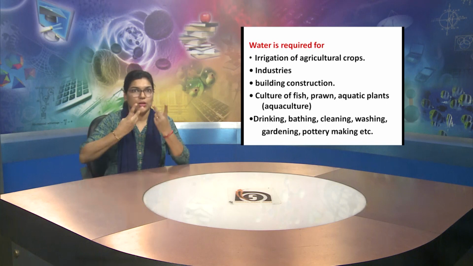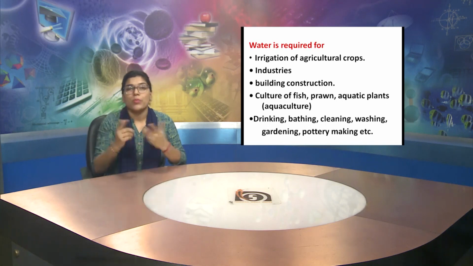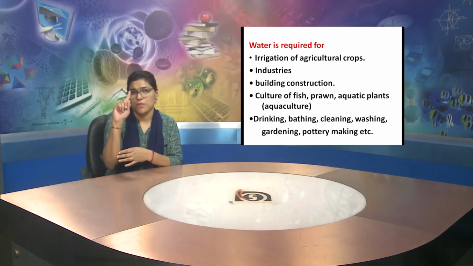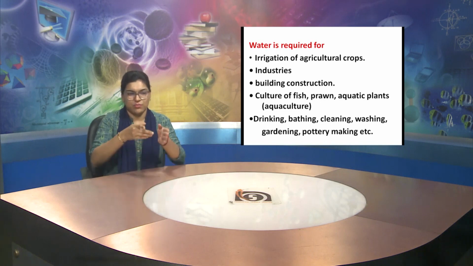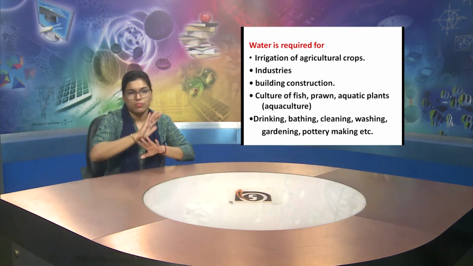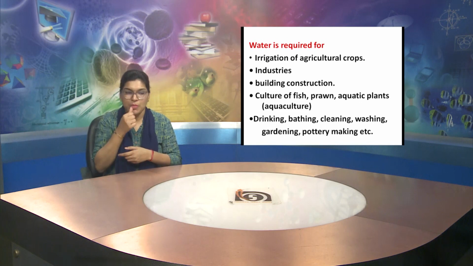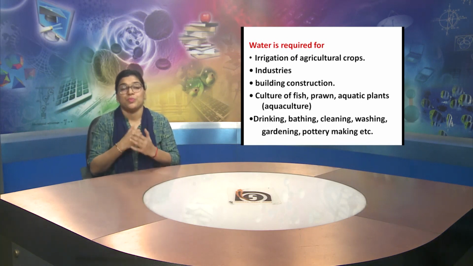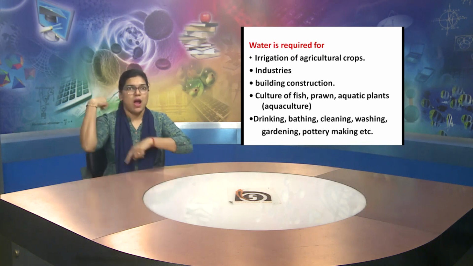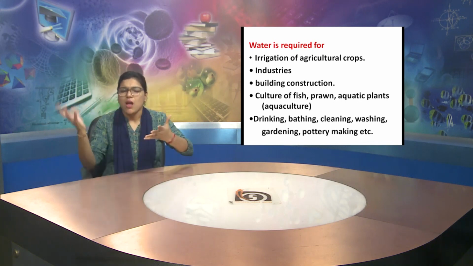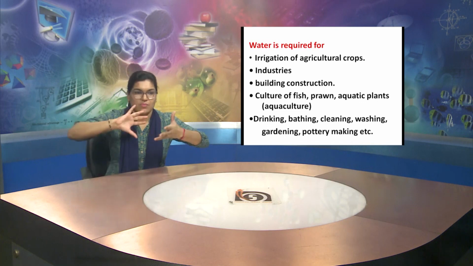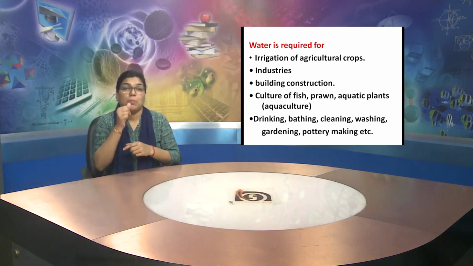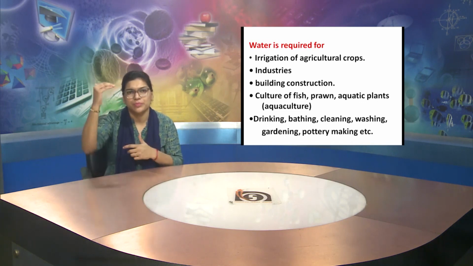And we all know that water is needed for different purposes. The first purpose of water is that it is used for irrigation of agricultural crops. And the other usage of water is that it is used in industries. So, water is important.